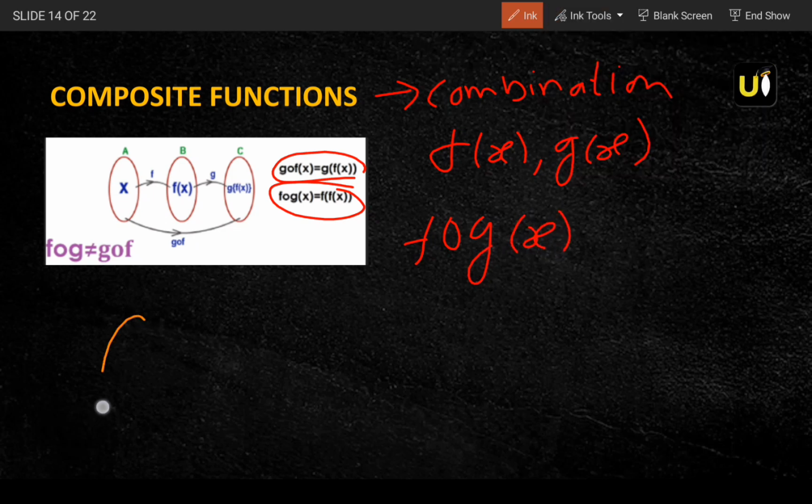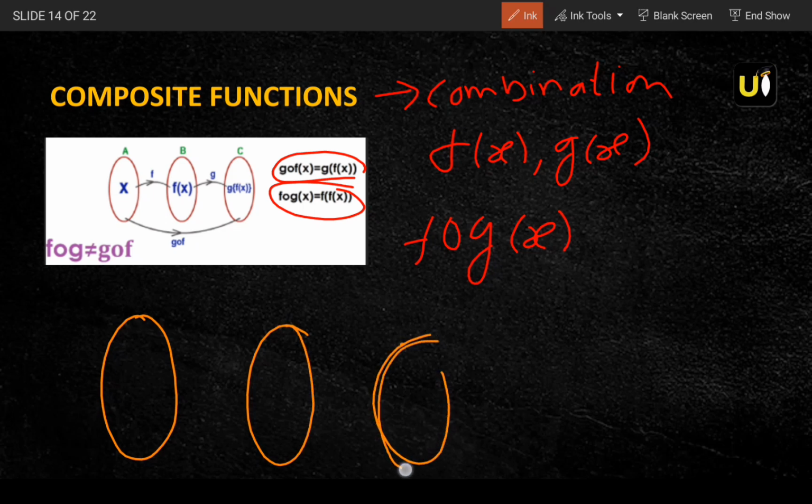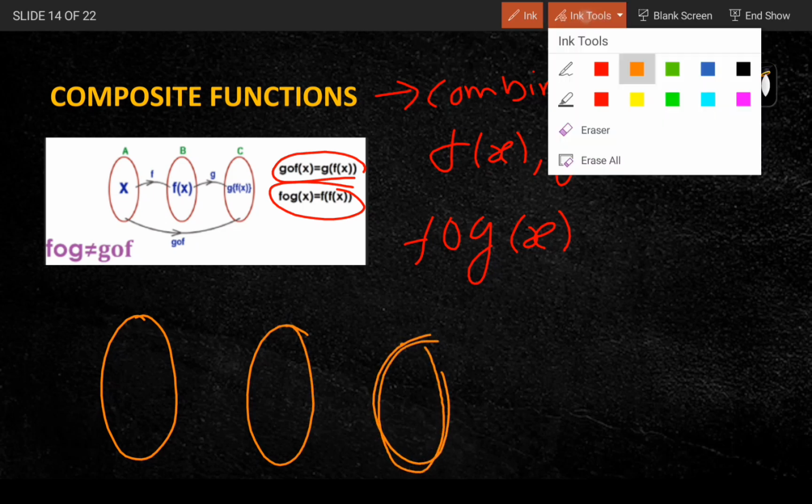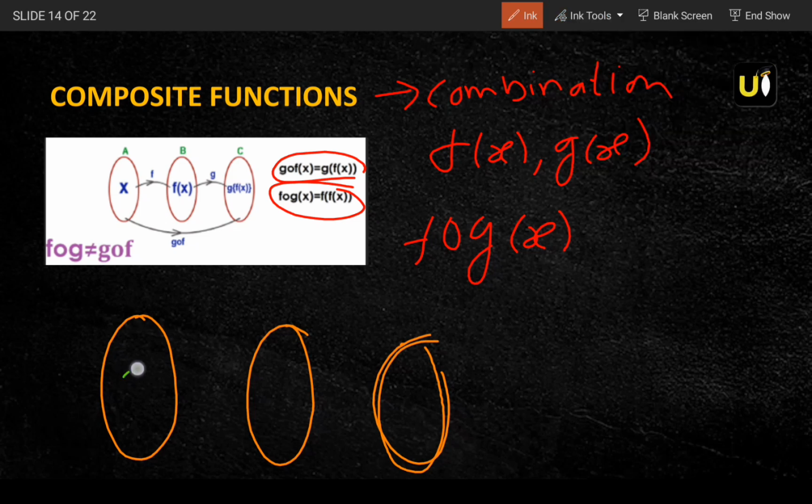See here, the diagram makes it more clear. Suppose we are having x, this is a, this is b, this is c, and on applying the function f of x, we'll get some f of x value here.